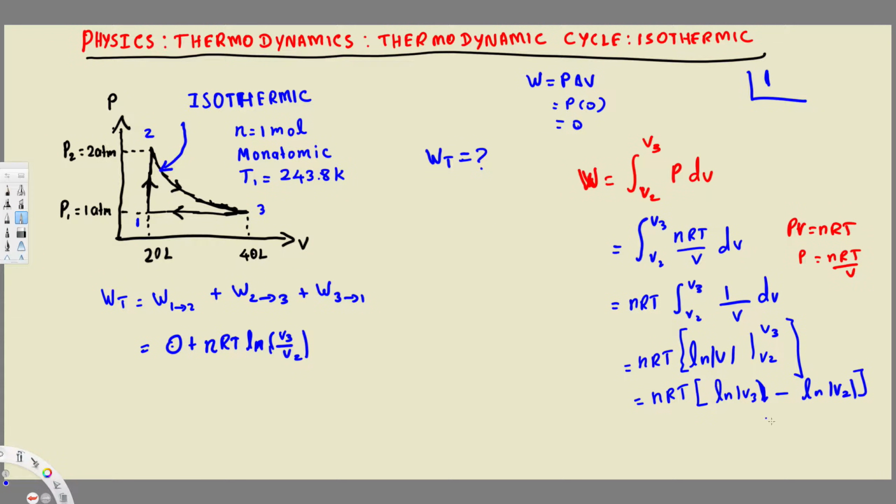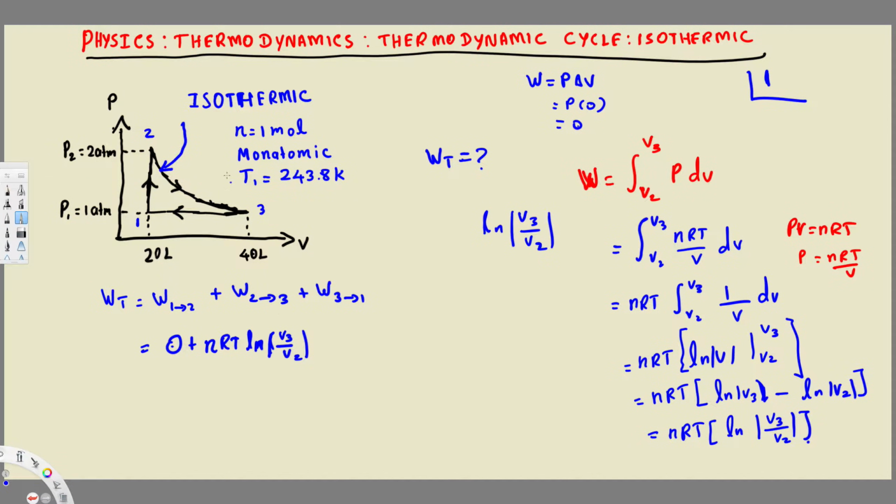Like ln V3 minus ln V2 is the same thing as ln V3 by V2. And if we multiply, we add. So that's how it works. Instead of writing it like this, we can say nRT ln V3 by V2. So that's how we derive this equation.